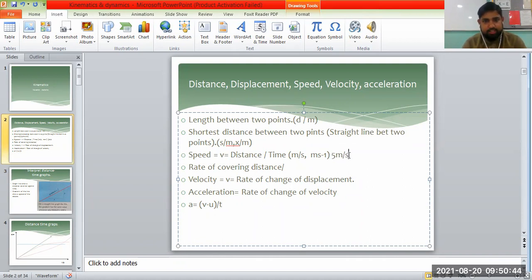Is that clear? I want you to understand what meter per second means, or how you can make your own definitions, because you should not be memorizing any definitions. You should be able to make your own definition looking at the formula.